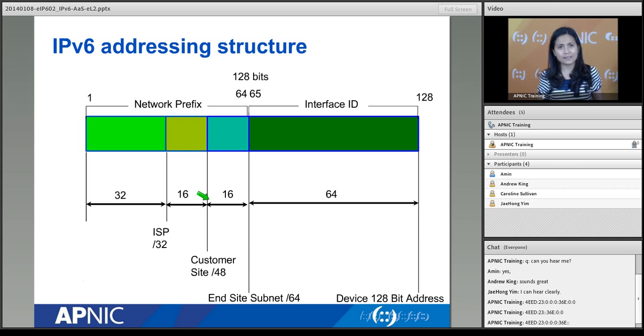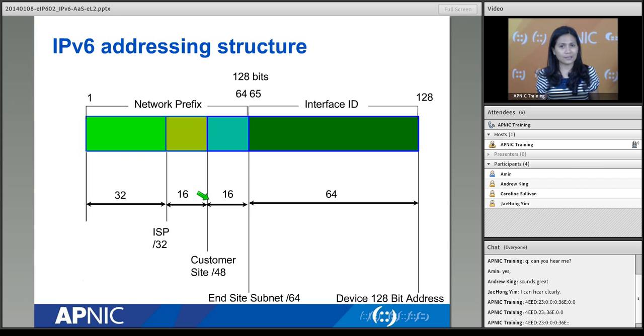But let's just say that you are giving a /48 to all your customers. What does that imply? You can have 2 raised to 16 customers, each of them having a /48. For a big ISP, that is really not enough.